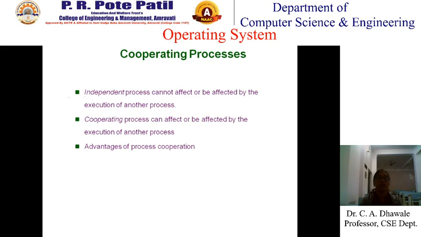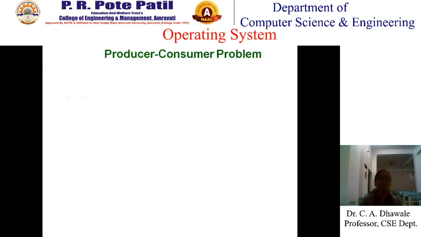The advantage is information sharing. Due to this, computational speedup and modularity can be increased. Modular means it becomes simple, and convenience means it becomes convenient for a process to reach the other process to share information.